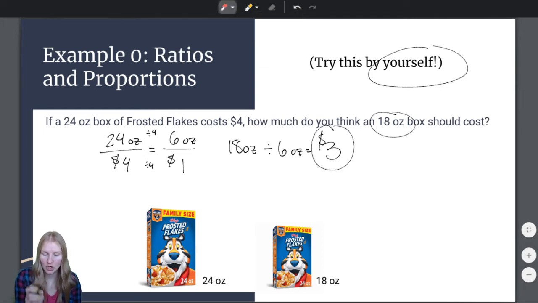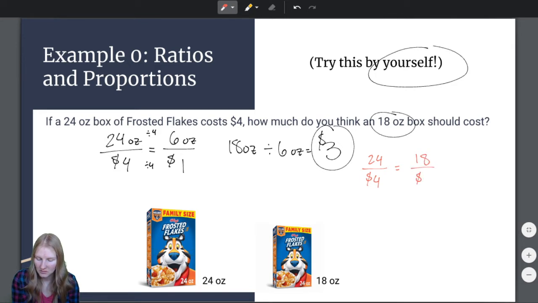Another way, and I'm going to change colors because this is another way. You could have said, so 24 ounces is $4. That means that 18 ounces is, I don't know how many dollars. It's X number of dollars.